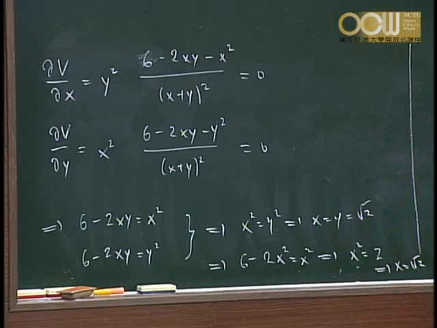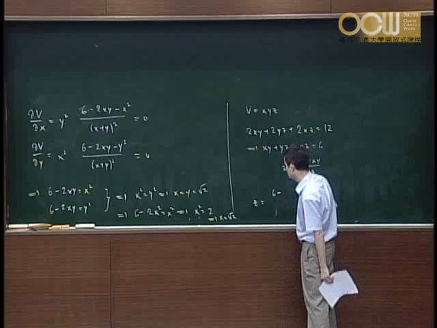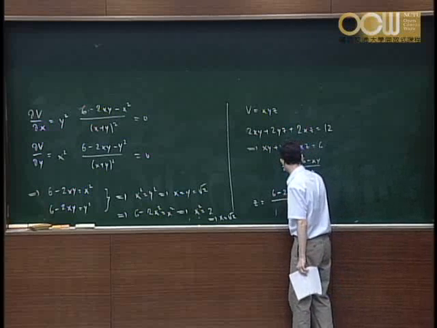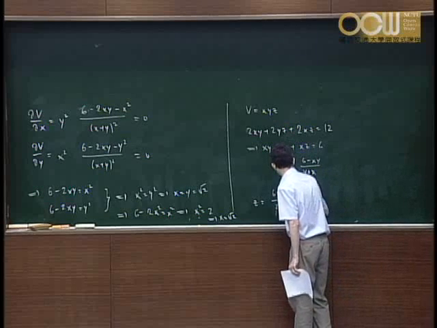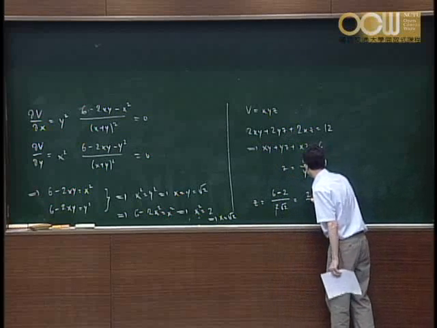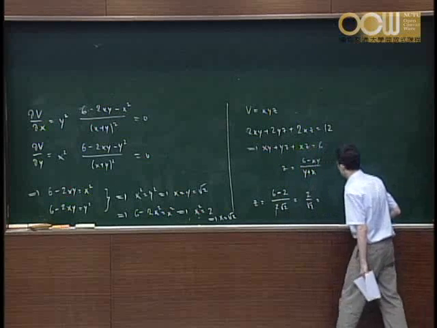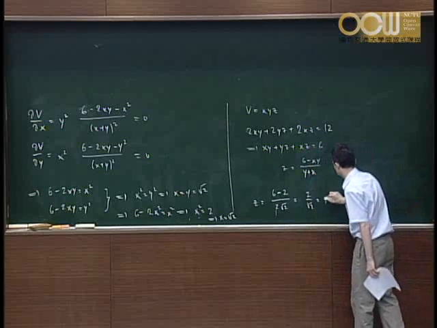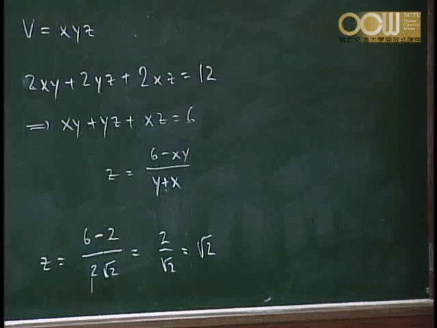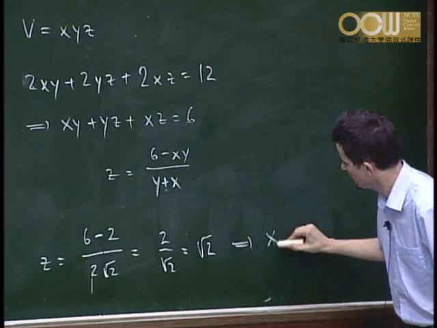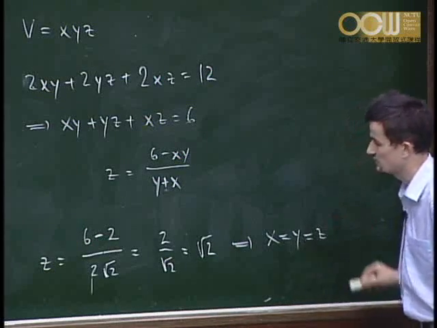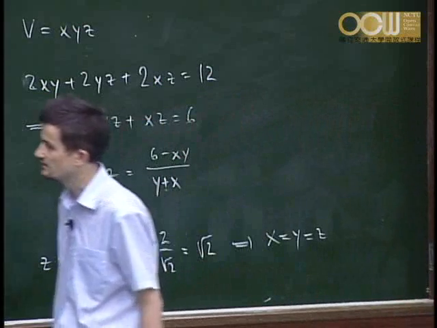And now you plug this in here. So z must be equal to 6 minus 2 over twice the square root of 2, which is 2 over the square root of 2. But this is the square root of 2. Okay, and this confirms that x must be equal to y must be equal to z.